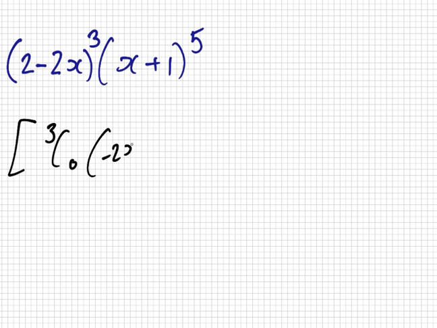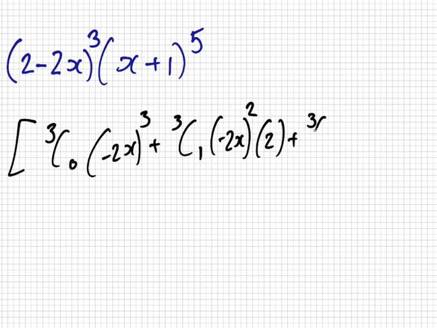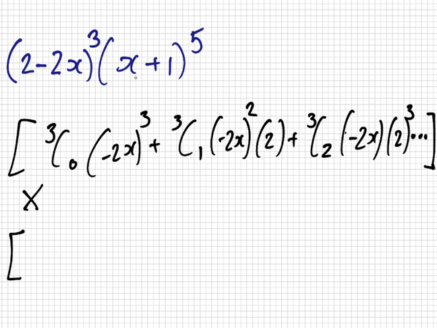3c0 minus 2x cubed plus 3c1 minus 2x squared times 2 plus 3c2 minus 2x times 2 squared, dot dot dot. And then the other one, multiply this one. If I put the x first, it decreases.